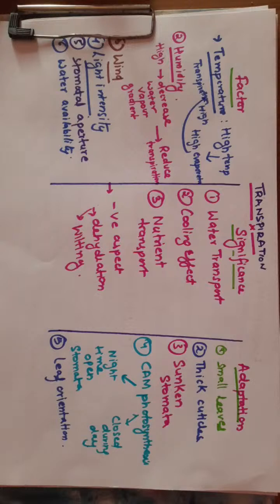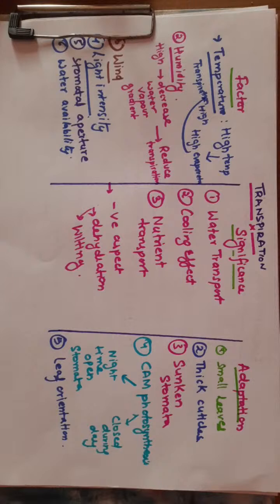First of all, we have to understand what transpiration is. We know that transpiration is a process by which plants lose water. In what way will the plants lose water? They lose water in the form of water vapors, basically from their aerial parts. And what is the aerial part? The leaf is the aerial part.